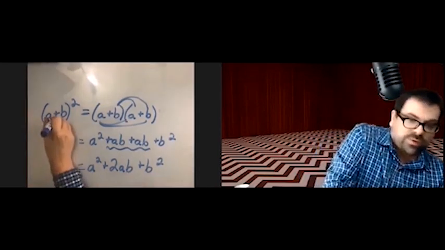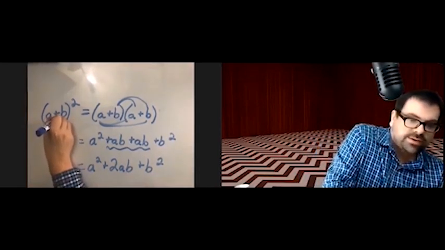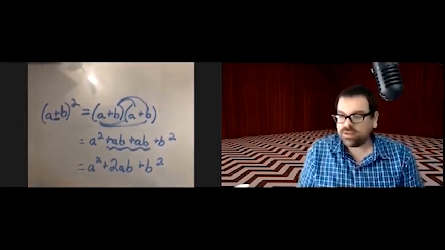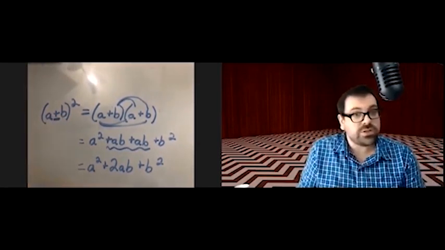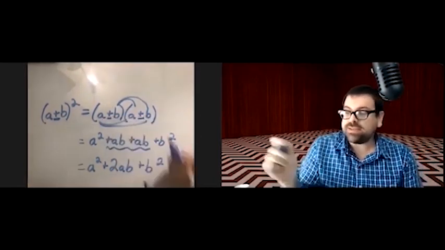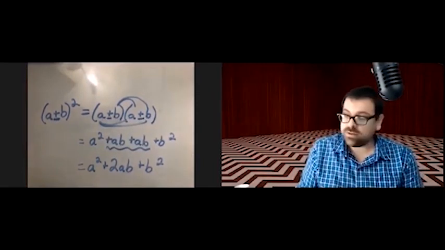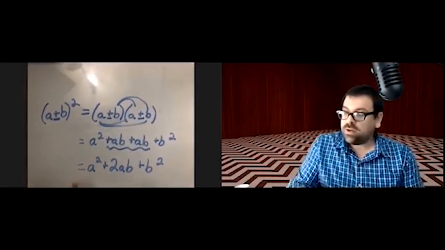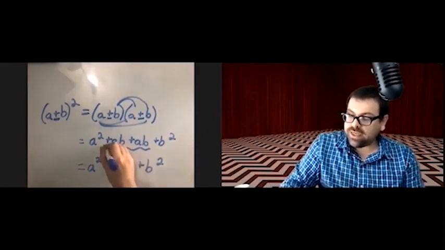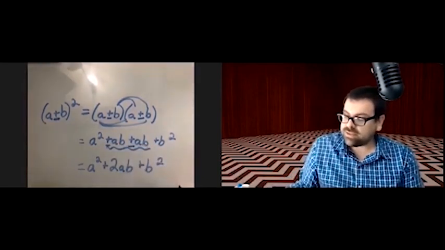If it was to be minus, so let's make this formula for plus or minus, what would that change? Well, it would be 2 minuses instead of 2 pluses. Wouldn't change A squared, but these would be 2 minuses.